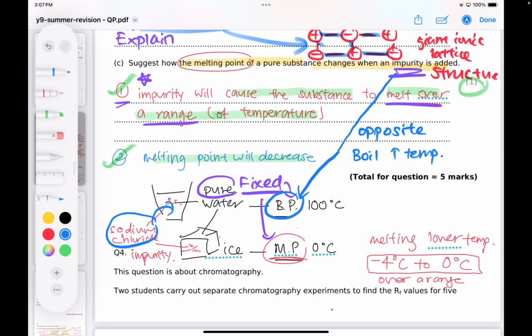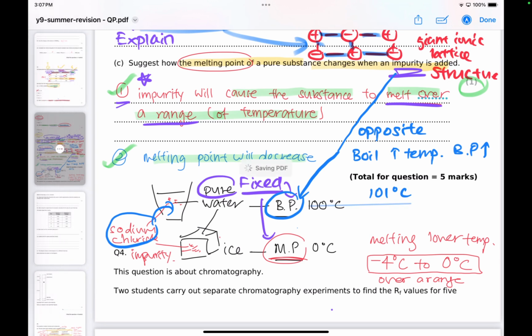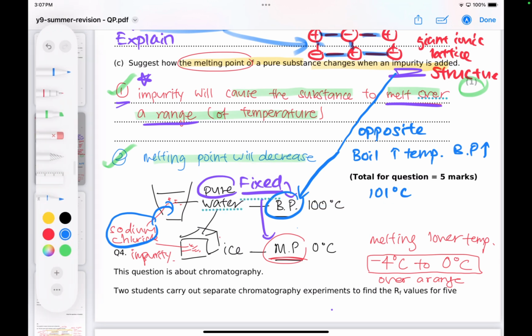So the boiling point will actually increase if there is impurity. Not only that, for example, it will start boiling only at 101, higher than it should be. And again, it's not a fixed value, it will boil over a range.